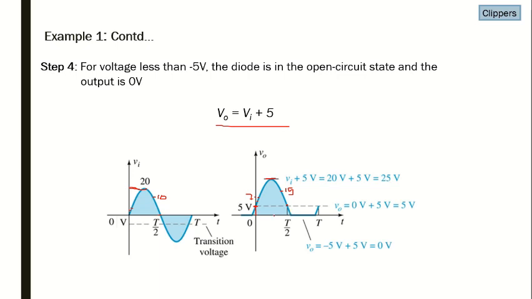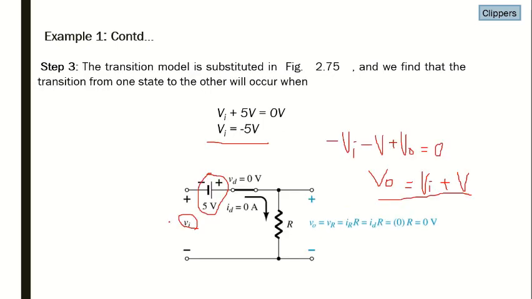Coming to the negative half cycle, it's quite tricky. When the input signal is, for example, minus 1 volt, in this case this is plus and this is minus. The potential here is positive 1 and positive 5, so the difference will be 4 volts.